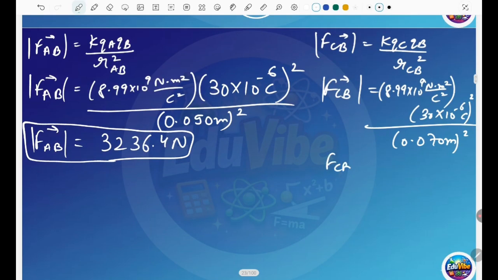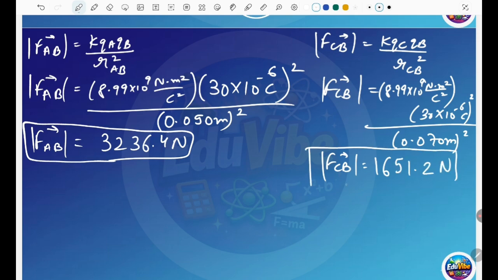So from here, when we calculate this, we get about 1651.2 newtons. So this is for the force from A to B, and this is the force from C to B.